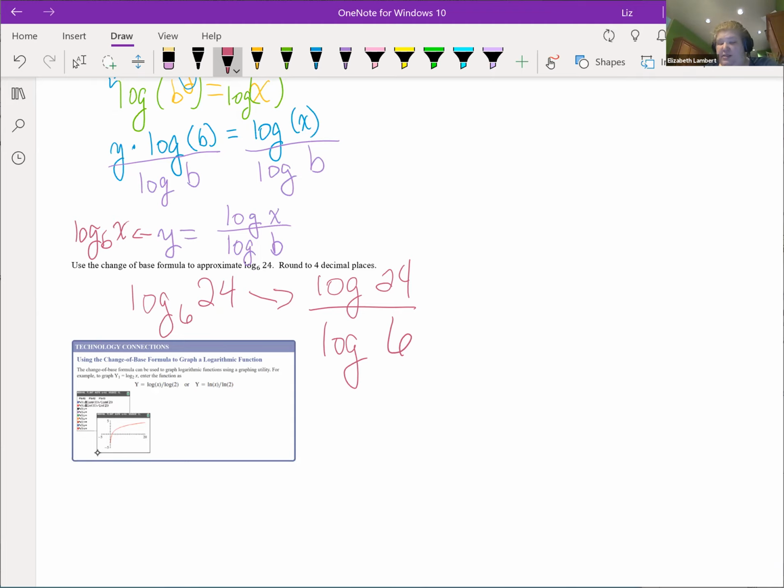And now, as long as we make sure we have careful parentheses, so on some calculators, when you type log, like on my phone, it opens a parenthesis. So let me sketch those in.